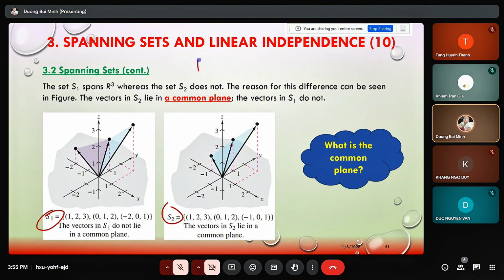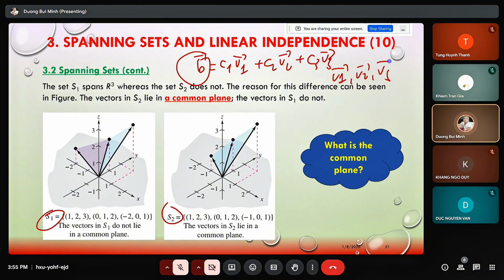Coming back: if vector B is the linear combination C1 V1 plus C2 V2 plus C3 V3, we say B is a linear combination of V1, V2, and V3, or we can say V1, V2, and V3 are linearly independent. Is that right? Look at this one.